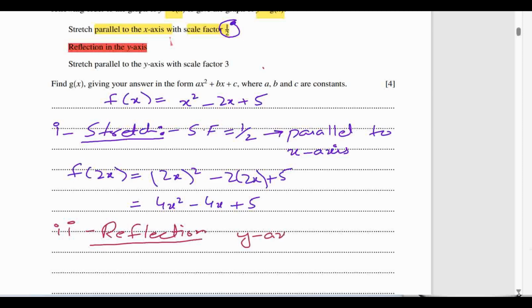Reflection in the y-axis means that this is a horizontal flip. So for this reflection, what we have to do is just put the negative sign. So we have to find f of minus 2x.